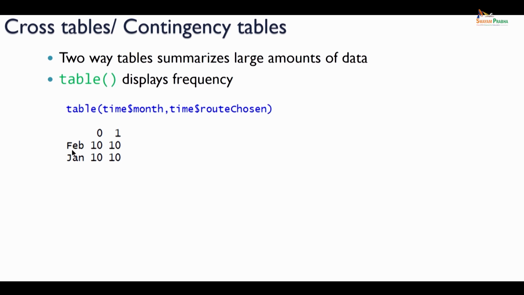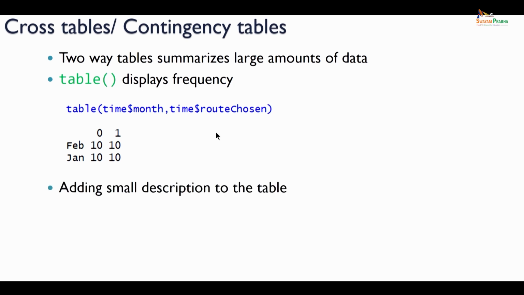Let us see how to interpret this table. Wherever I have month as Feb and root chosen is 0, which is nothing but A, I have 10 observations like that, and wherever I have month chosen as Jan and root is still A, I have 10 observations here. This is how you interpret your table. Now, this is making the entire procedure really hard for us because there is no description as such in the table.